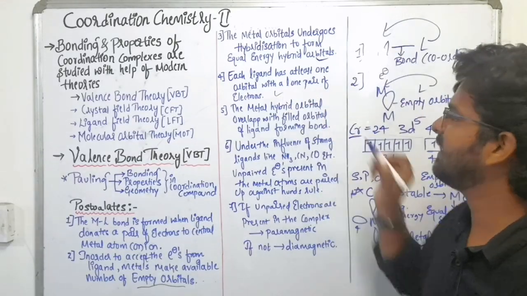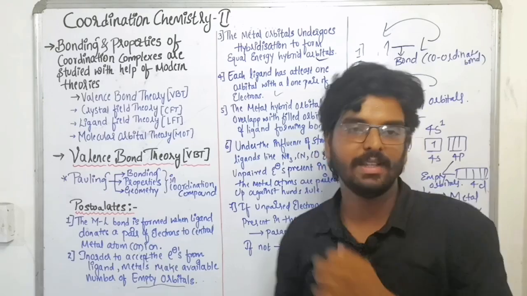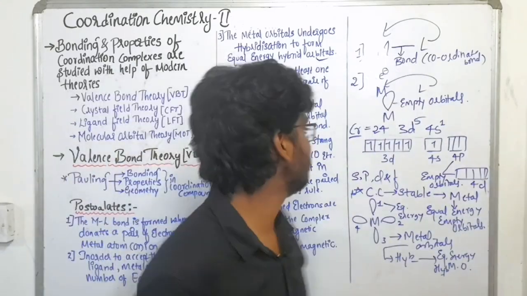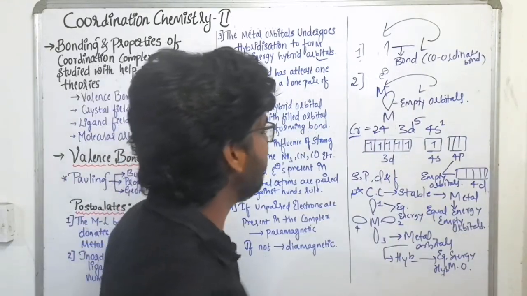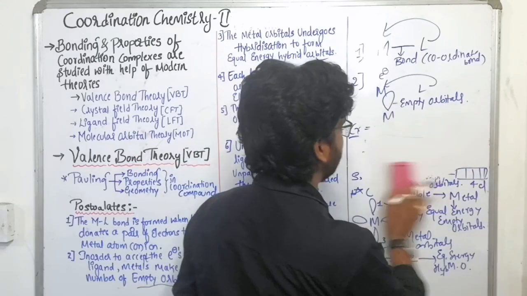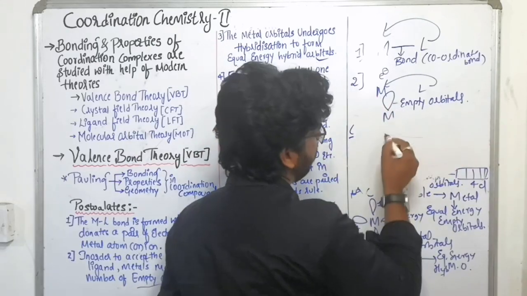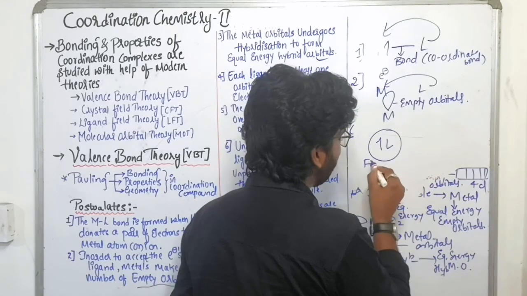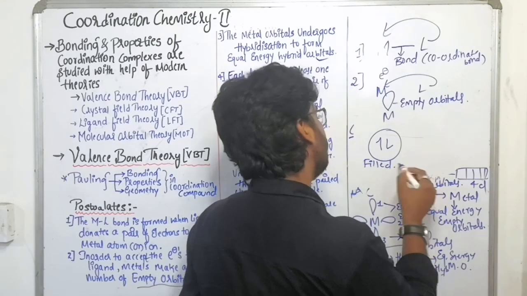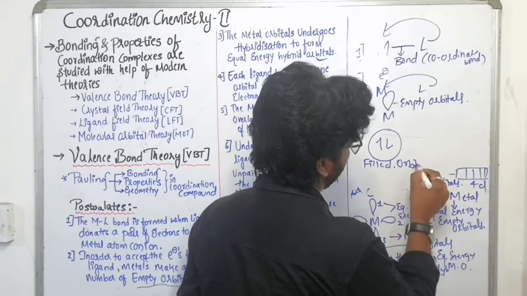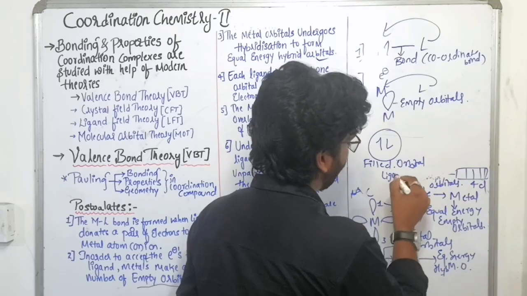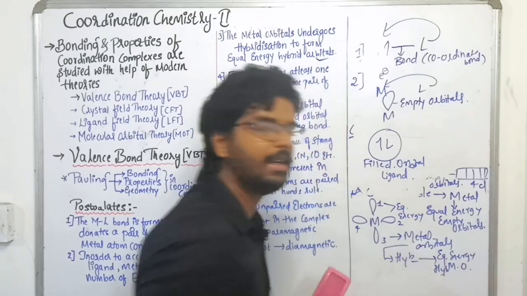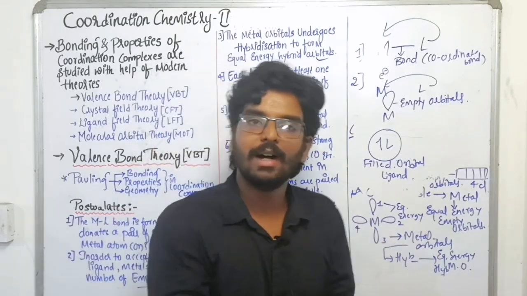And the fourth postulate is a very simple thing. What he says is, each ligand has at least, see here, each ligand is having what? A filled orbital of ligand, because we all know that ligands have a tendency to donate the electron pair.